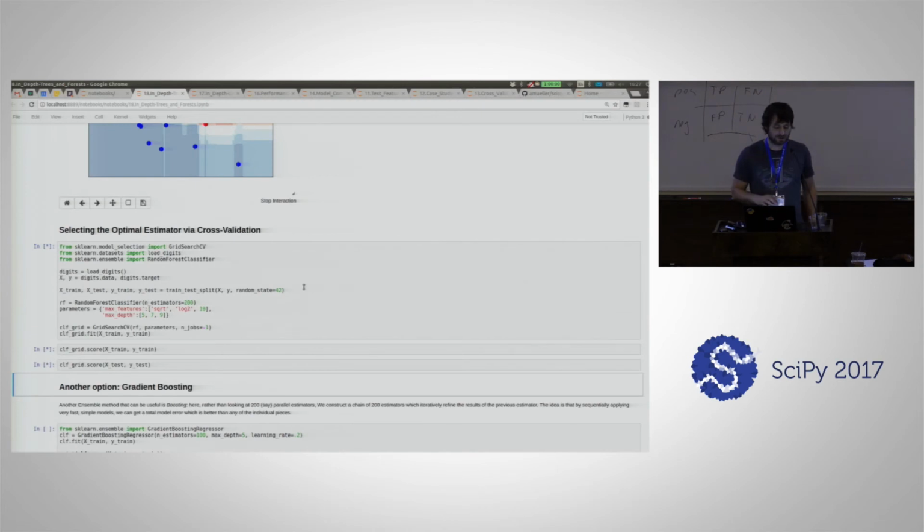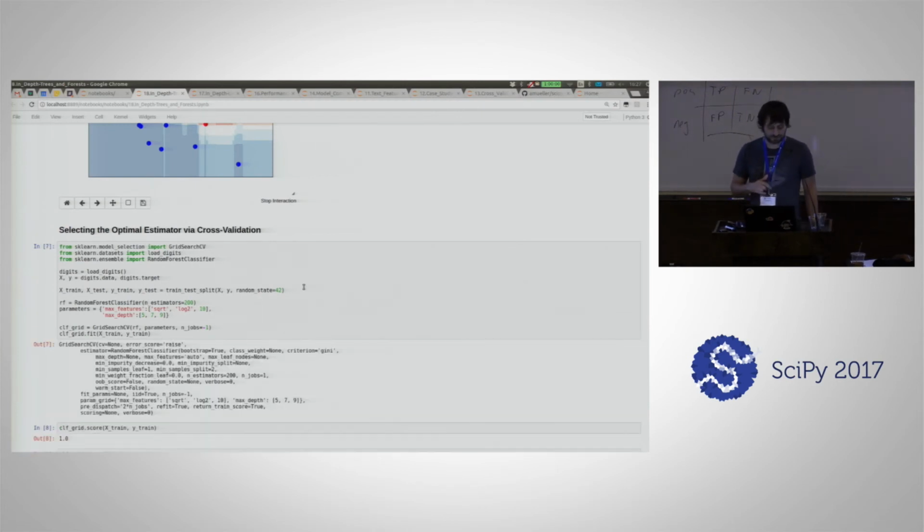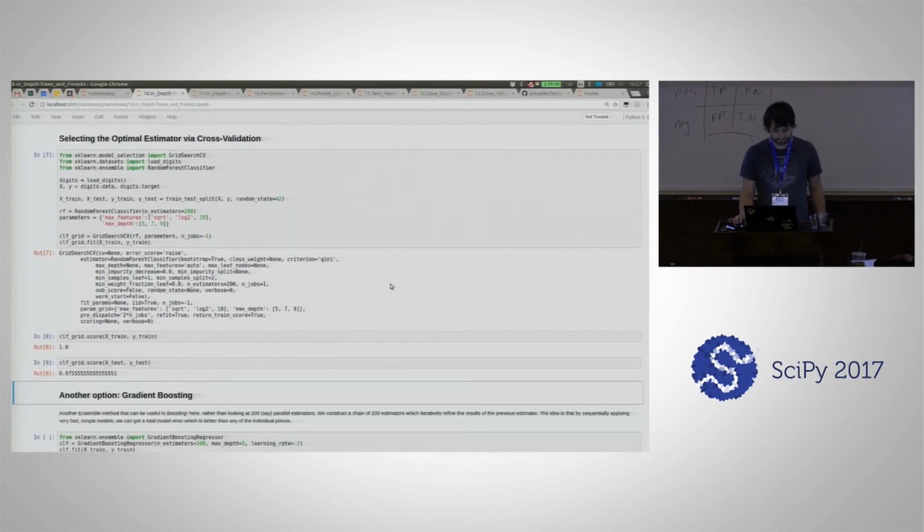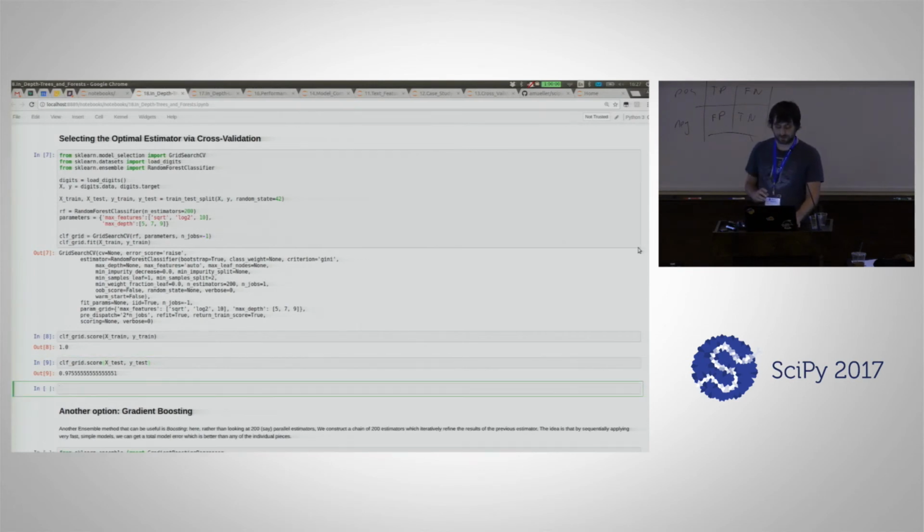So here I'm using grid search to search over the number of features and a maximum depth on the digits data set. Here I'm actually not doing that much better than the linear model. I think I do about as good as the linear model.